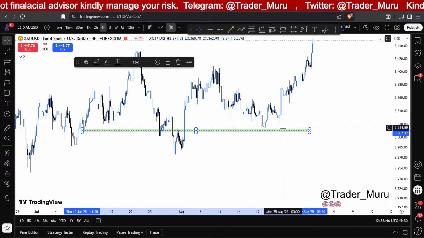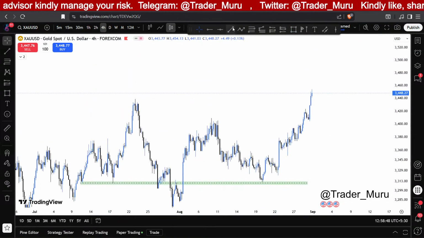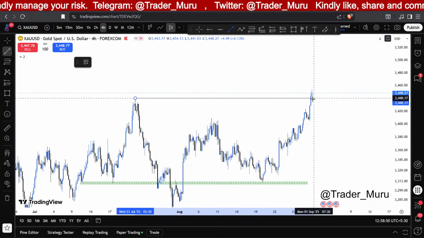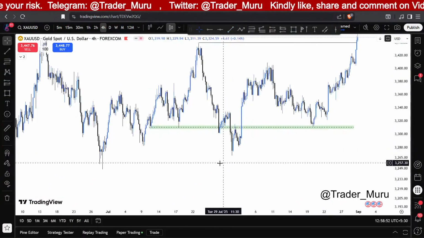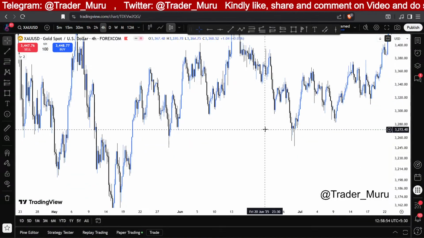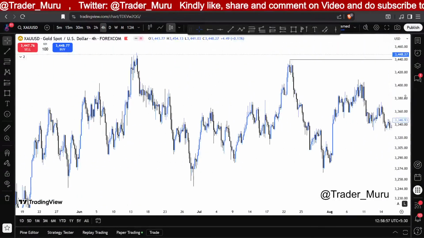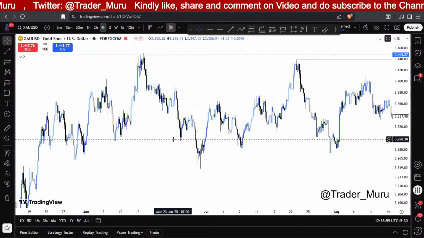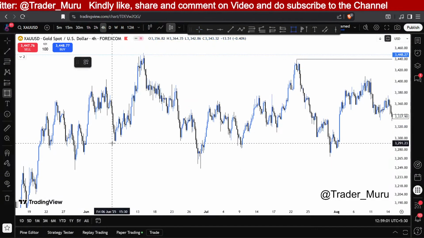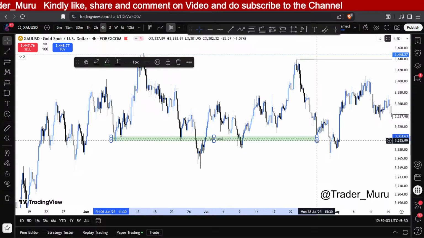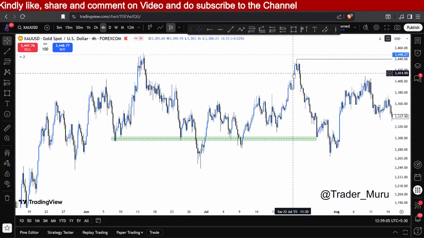This is sweep, retest, target. Okay, double bottom, sweep, retest, target.